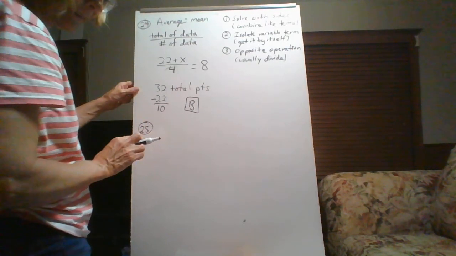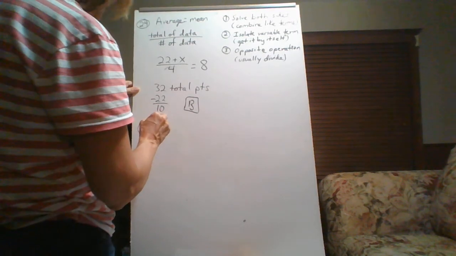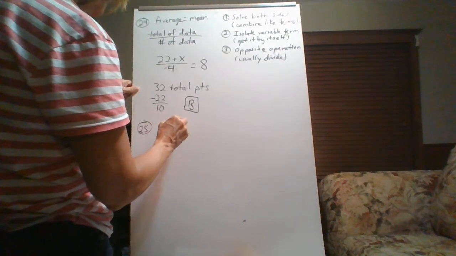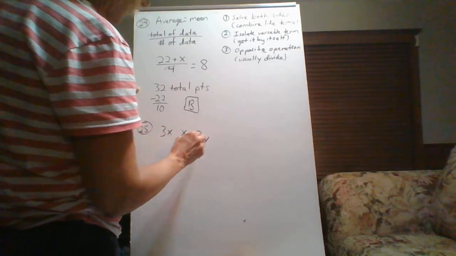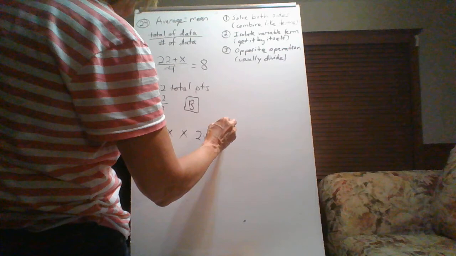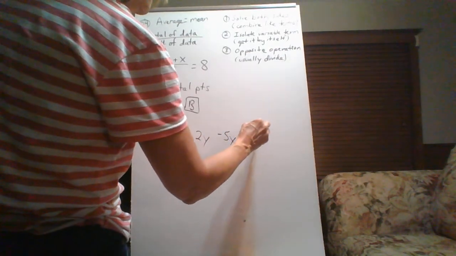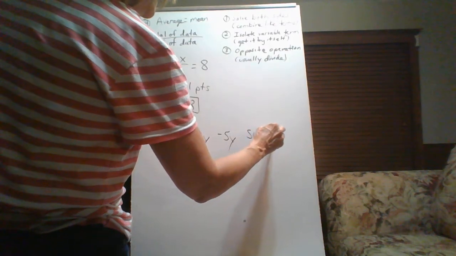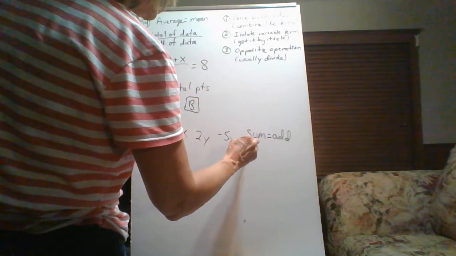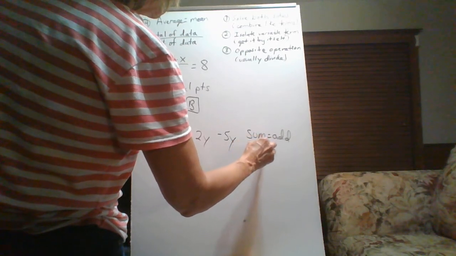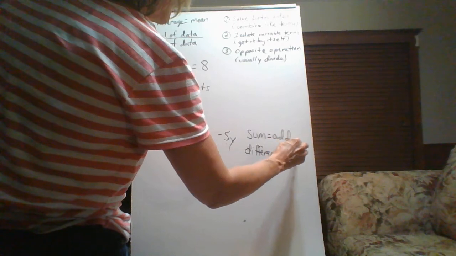Okay, 25. Which of the following is the sum of 3x, x, 2y, and negative 5y? All right, sum means you add. Got to remember that. Remember, the difference means subtract.